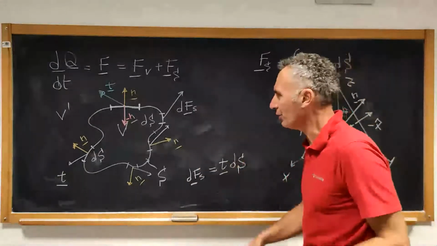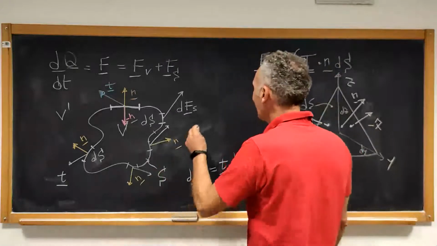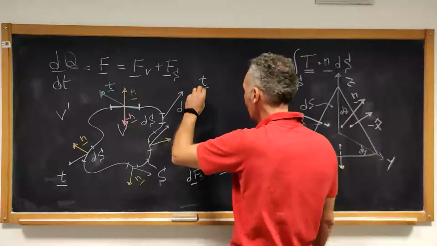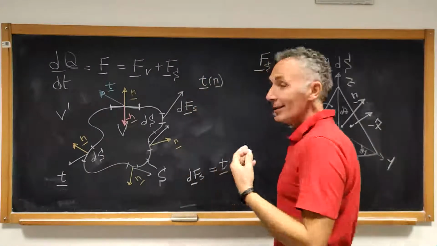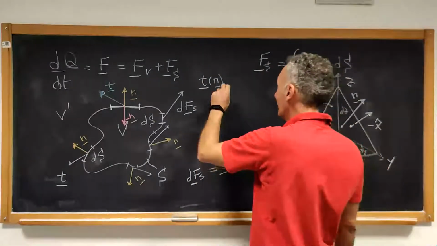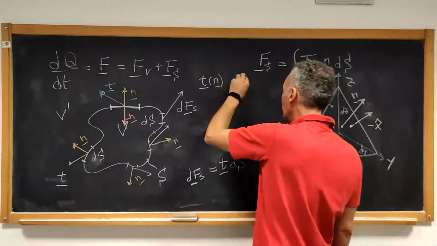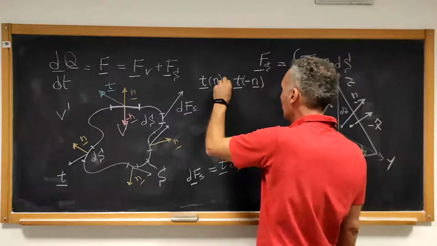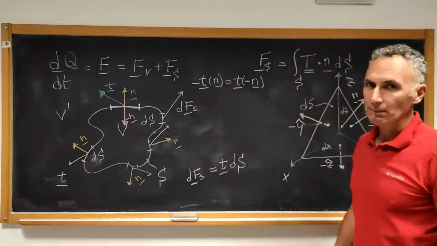So this observation allows me to claim that the tension vector is a function of the normal, but it is such that the tension vector at the same point for an opposite normal must be related to the other one in this way.